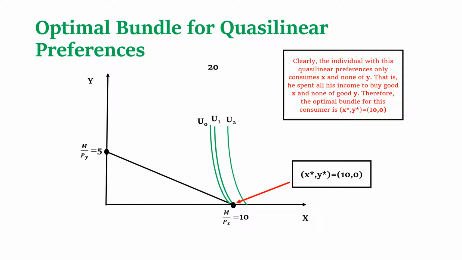So it's supposed to be 10 and not 20. So x star, y star is 10, comma, 0. Because m over px there is 10, and m over py is 5. So x star, y star is 10 and 0. It's not 20.